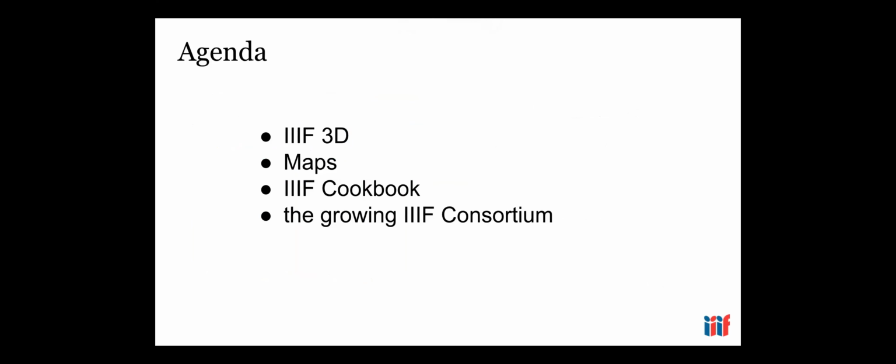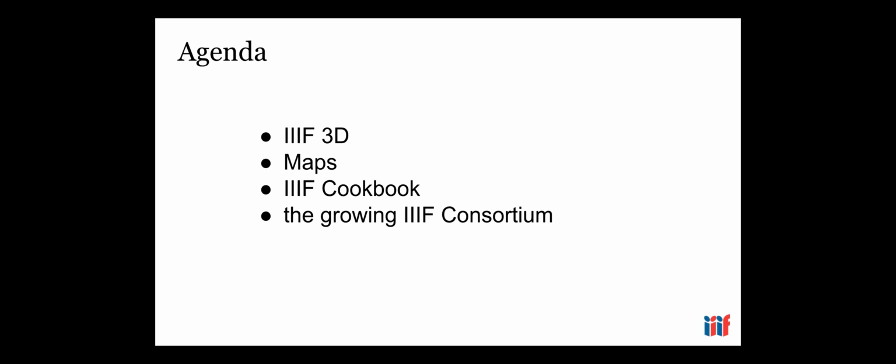But yeah, what I'm going to talk about is directionally in terms of development and community work in the IIIF world. So I wanted to talk about two of the really interesting groups that are enhancing the IIIF specification. The first one is IIIF and 3D, so bringing 3D objects and models into the IIIF ecosystem. And similarly, the work that the MAPS group is doing to make really awesome use of the data laden in IIIF-enabled maps.